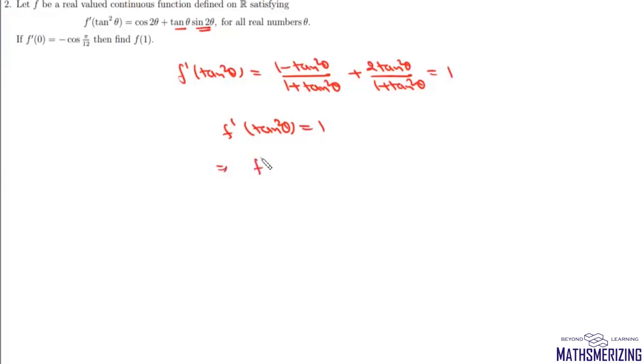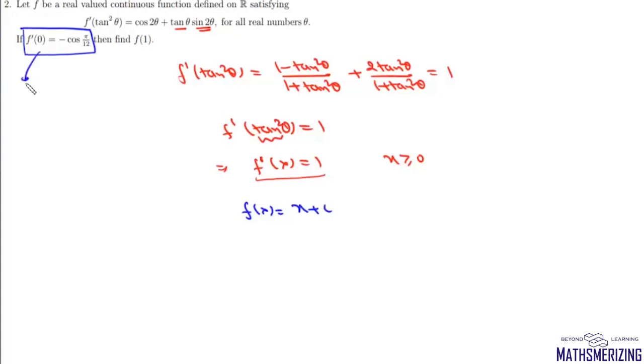So now we can write this expression as f dash x equals 1 when x is greater than or equal to 0, because the range of tan square theta is simply 0 to infinity including 0. Now from this expression we need to find the value of f1. If we integrate, we'll write this function f x as x plus c. Now there was a typo in this question paper where they have given f dash 0 equals minus cos pi by 12.